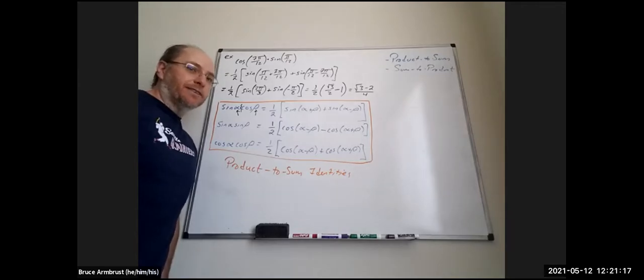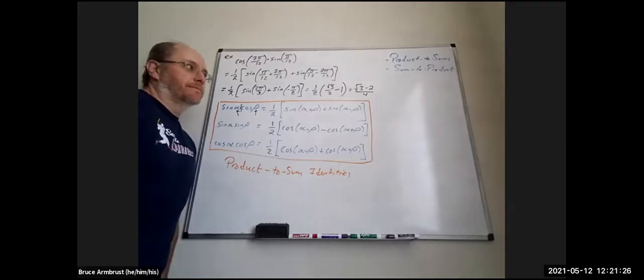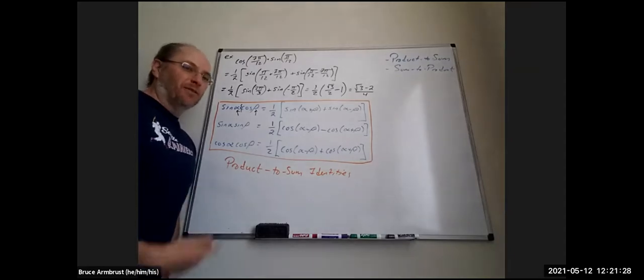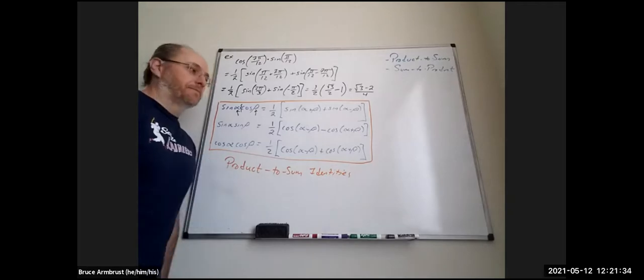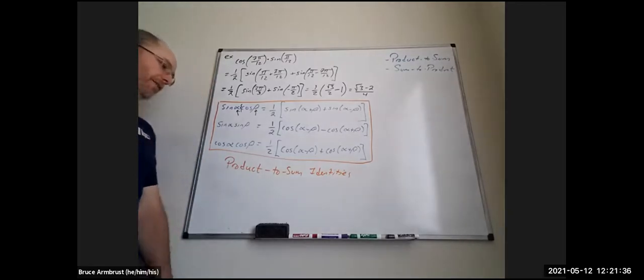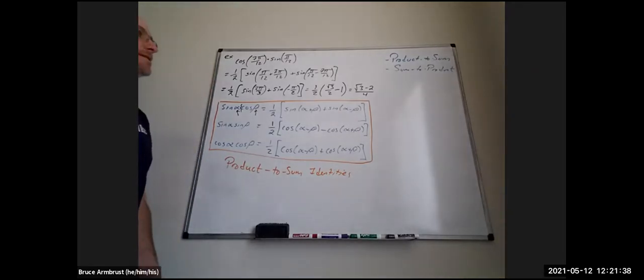It's a hell of a lot easier to add two numbers than to multiply them together. Right? Adding's easier than multiplying. So kind of like with logs, that was sort of a big deal. Like, oh wow, we can actually add stuff instead of multiplying. Sign me up. All right, so there you go. There are the product to sum identities and an example of one.